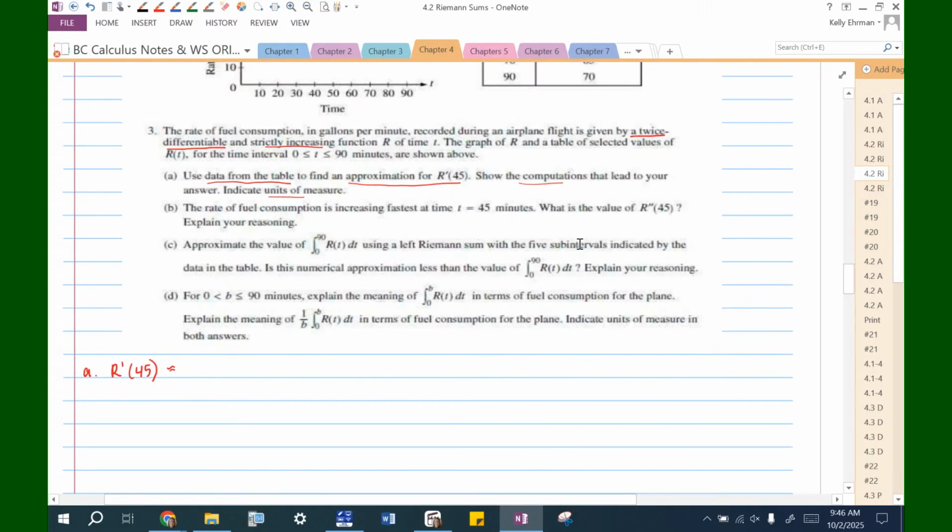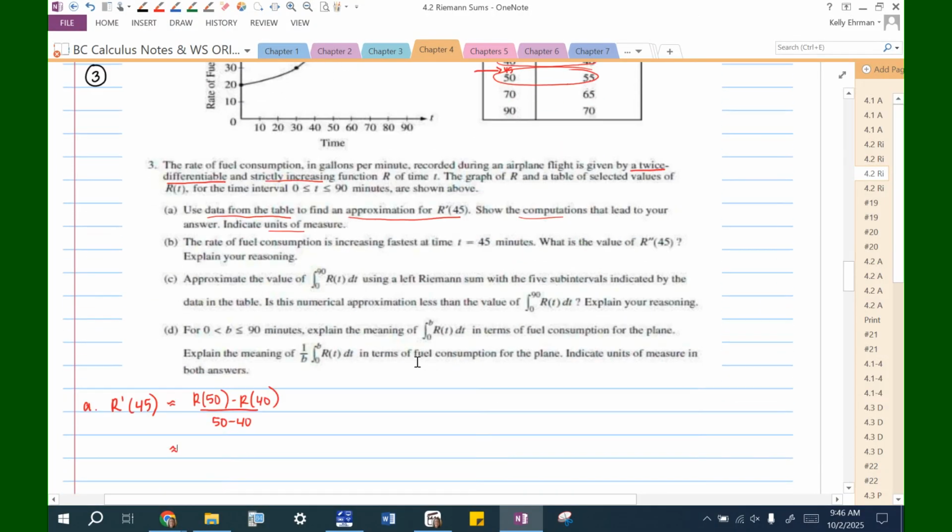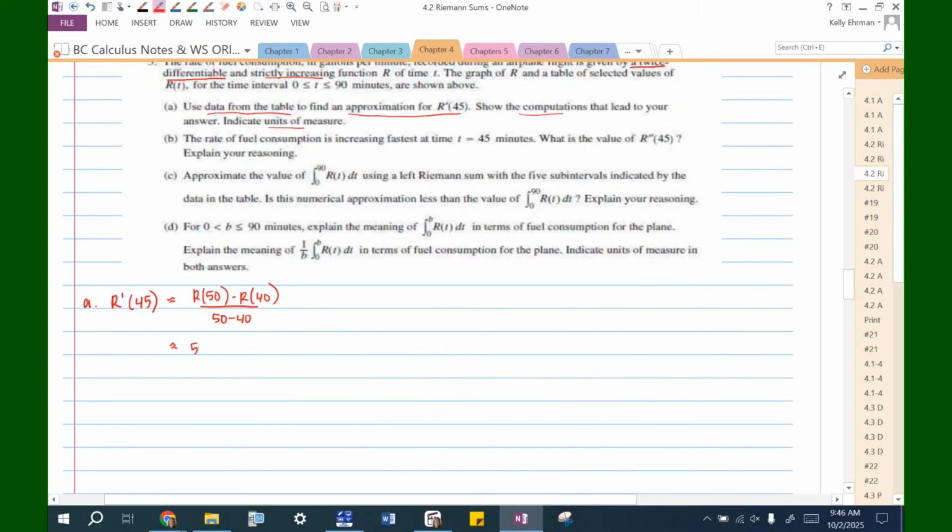So it would be r of 50 minus r of 40 over 50 minus 40. And that is 55 minus 40 over 10. This is 15 over 10, so 1.5.